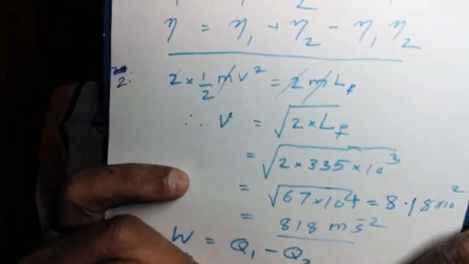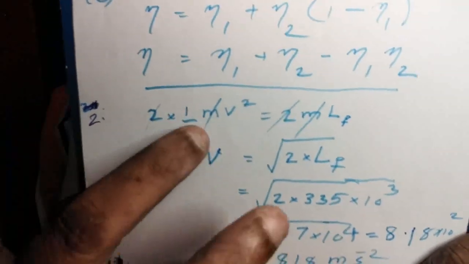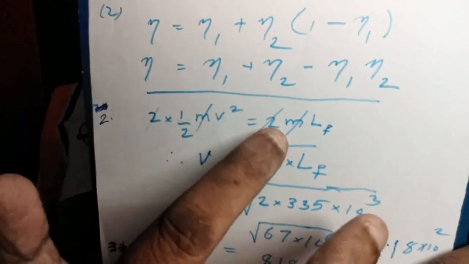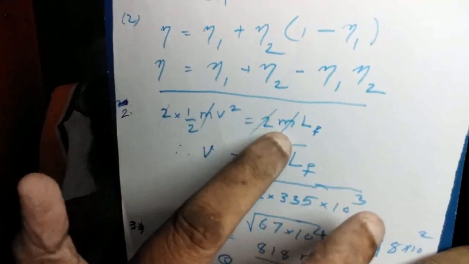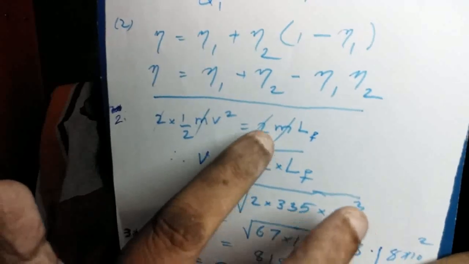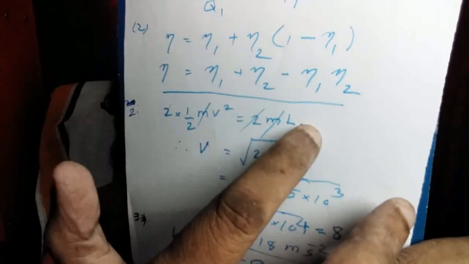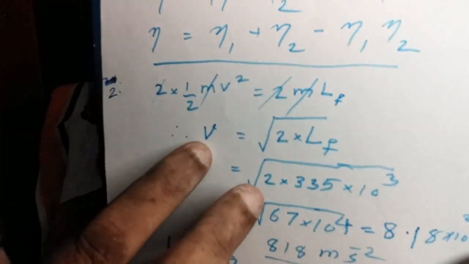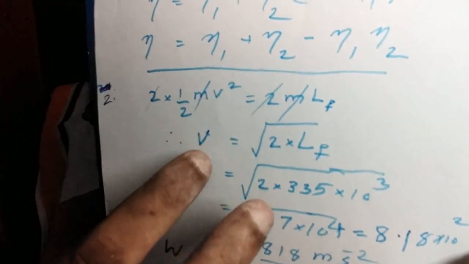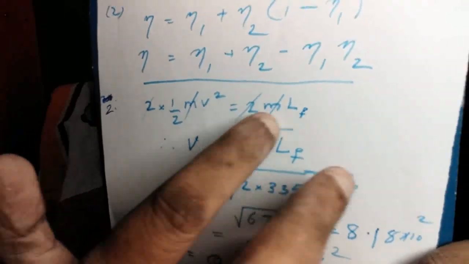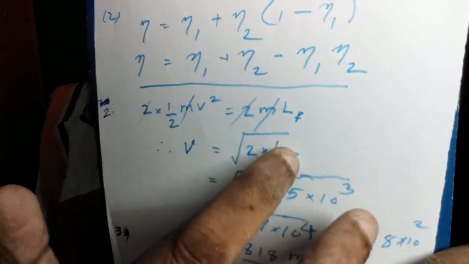So you can write 2 into half mv square equals m into LF, 2 blocks are there, so 2m into LF, from which you can cancel the common terms. Then you get velocity V equals square root of 2 into LF.